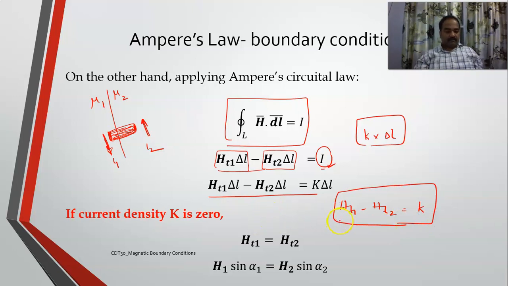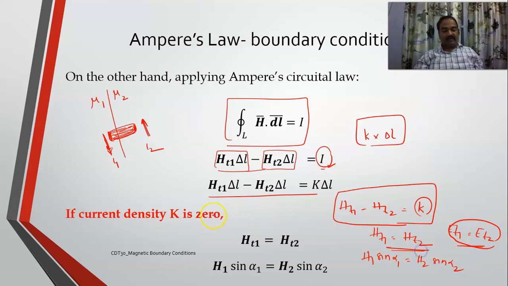Now, if this one is equal to 0, do remember, if this one is equal to 0, then what I'll get is Ht1 is equal to Ht2, which is very similar to my equation Et1 is equal to Et2 for electrostatic fields. Right, this can be written as H1 sin alpha 1 is equal to H2 sin alpha 2. Do remember, this is valid only when my current density K is 0.